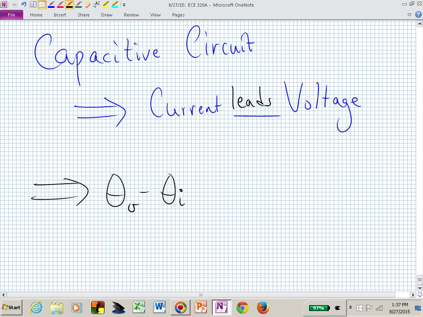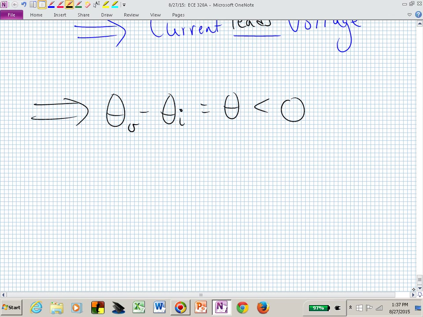The current leads the voltage. If that's the case, if theta sub I is bigger than theta sub V, what do you know this looks like? This is now negative, isn't it? So when our angle is negative, that corresponds to a leading power factor.